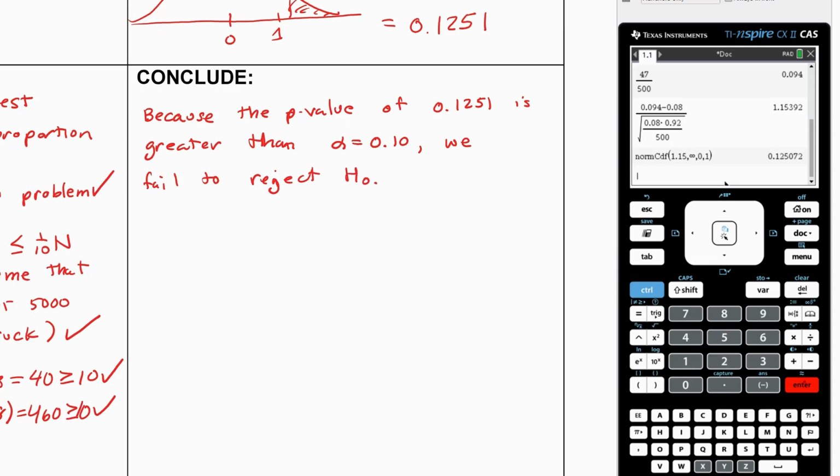We compared the p-value to the alpha value. P-value is larger, which means we don't have a lot of evidence, so we fail to reject H naught.